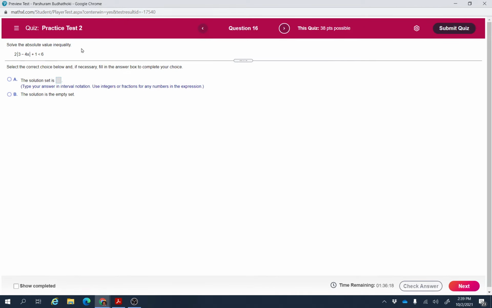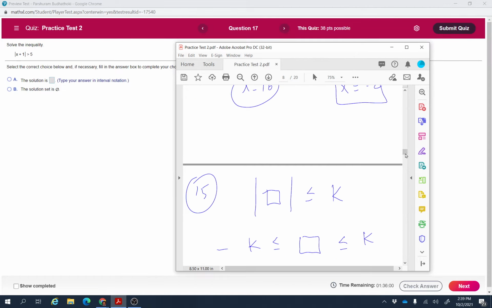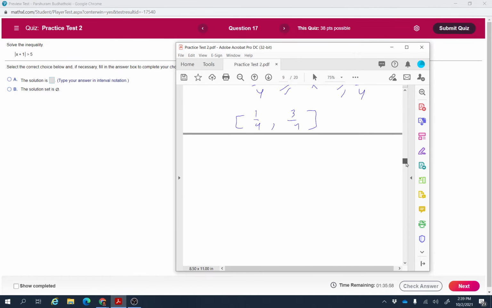Okay, very similar question, so I'm going to skip it. It's a very similar question, but you have to use a property of absolute value. If absolute value of something is greater than 5, then what happens there? So here it was less, but now you have greater. So I'm just going to give you that property here.